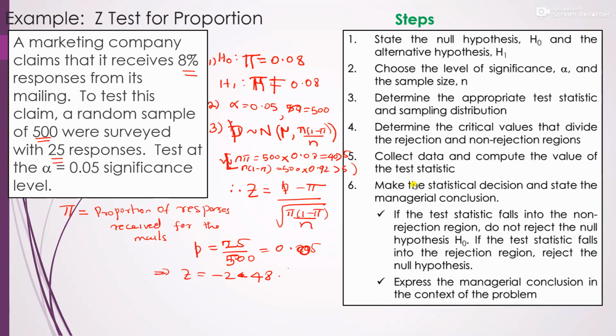So it is less than minus 1.96. So here also there is enough evidence to reject H0, right? If we reject H0, then your conclusion is pi not equal to 0.08. So what is the decision?